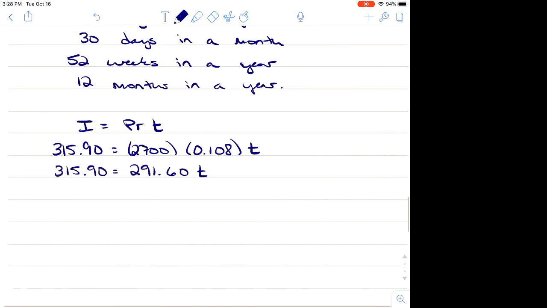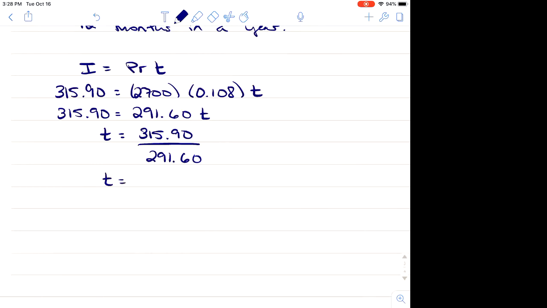So T, switching sides here, must be 315.90 divided by 291.60.